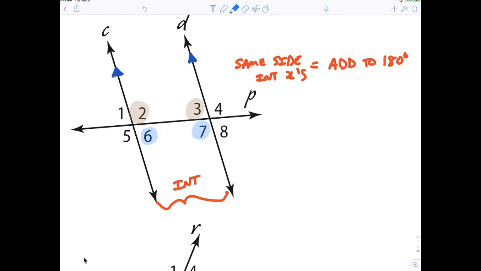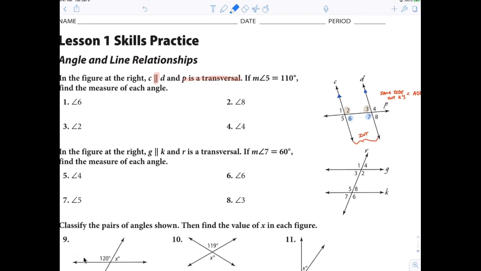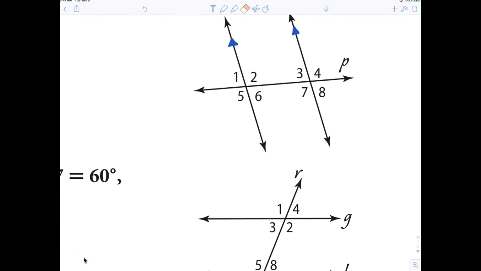All right. So here we go. Now, I want everybody to mark angle 5 to be 110 degrees. Now, remember, last year I just told you to tell me what all the angles are before you answer the question.